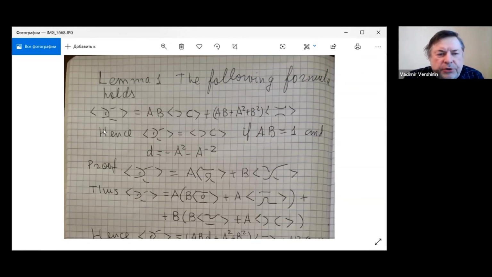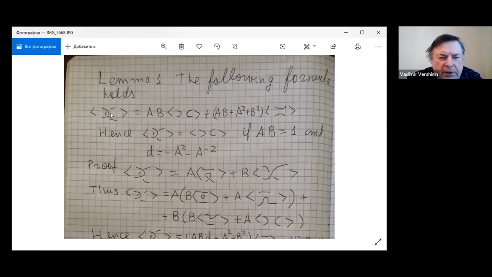What Kauffman is doing, he uses the formula with A and B. He smooths this and he obtains the following formula. Then in order to satisfy Reidemeister 2, it should be that AB should be equal to 1, and this thing should be equal to 0. Okay? This is by force, he's doing it.